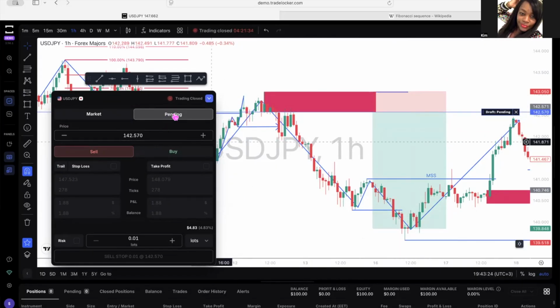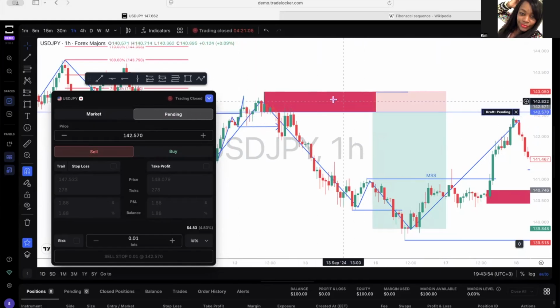And I want to make sure it's pending and not market, because if you hit market, price is going to get in immediately wherever price was right here, right? So once price shifted structure and you set your limit here, this is me setting a limit, pending. A pending is a buy limit or a sell limit.